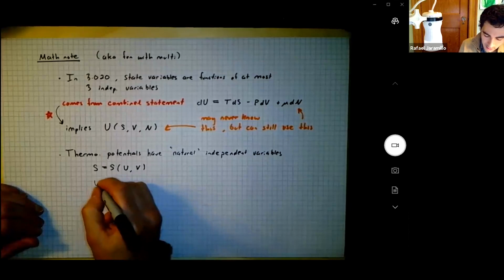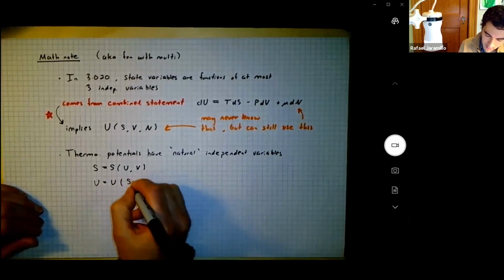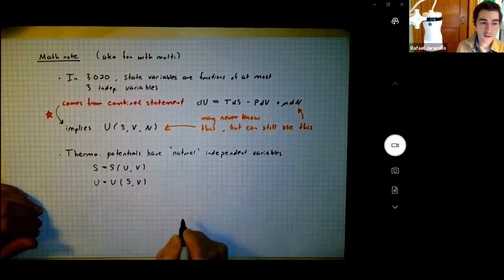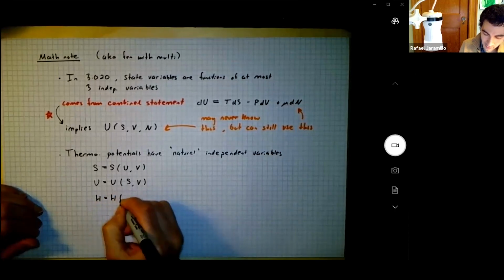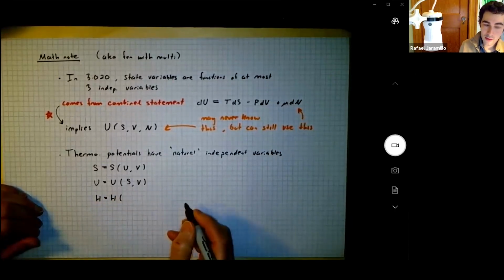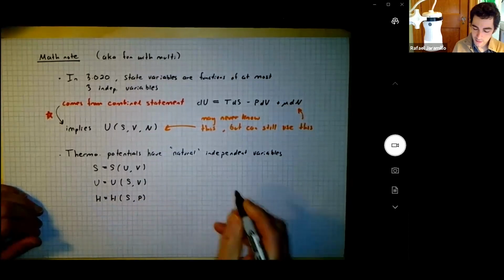At equilibrium, internal energy was minimum for fixed entropy and volume. Those are its natural variables. Enthalpy was a minimum at equilibrium for fixed entropy and pressure. Those are its natural variables.